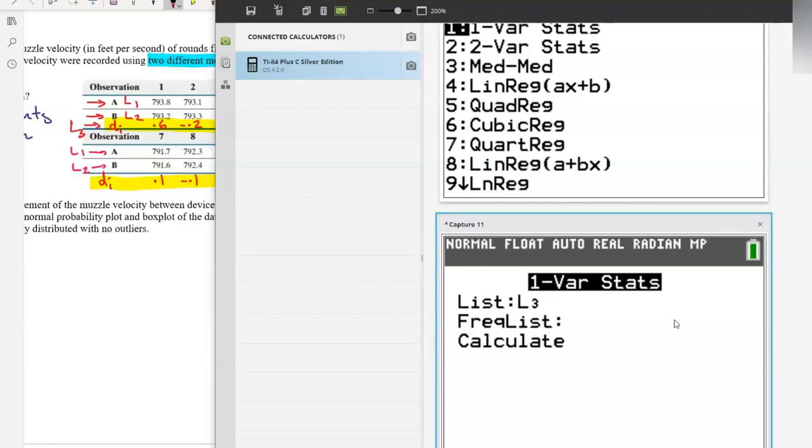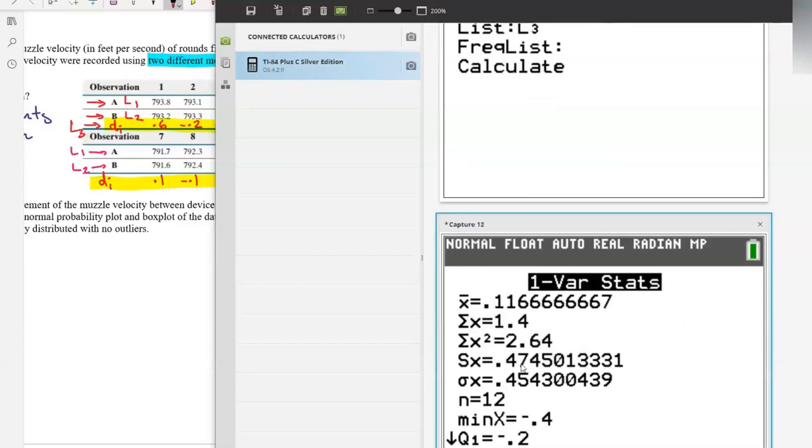Enter, enter. So these are our answers. In this case, we work on D, so that is D bar. It's 0.1167. And the standard deviation is 0.4745, so I'm rounding to 4 decimal places.